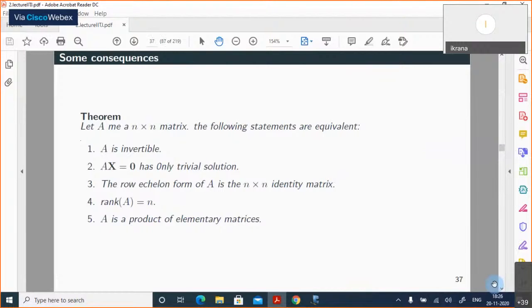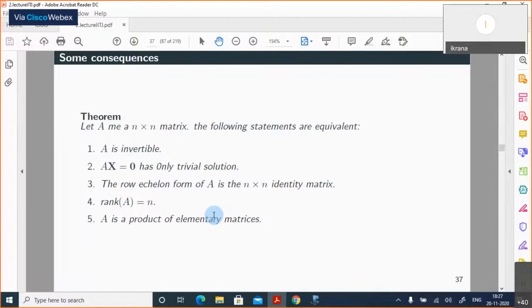So one can write these results in another form: for an n cross n matrix A, the following statements are equivalent. A is invertible. The equation Ax equals 0 has only the trivial solution. Okay, both are obviously equivalent statements. The row echelon form of A is the identity matrix, which is the same as saying the rank is equal to n, and that we saw is equivalent to saying A is a product of elementary matrices.